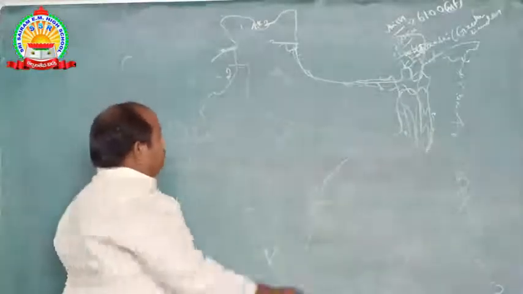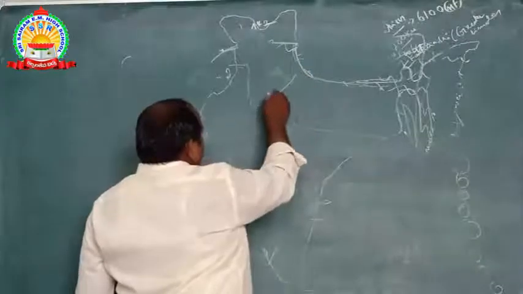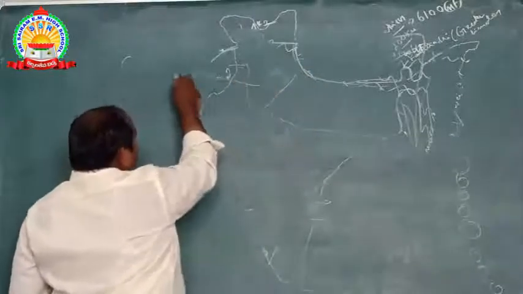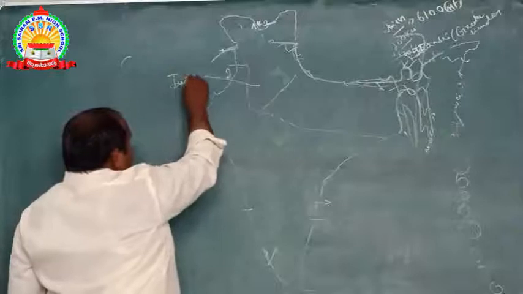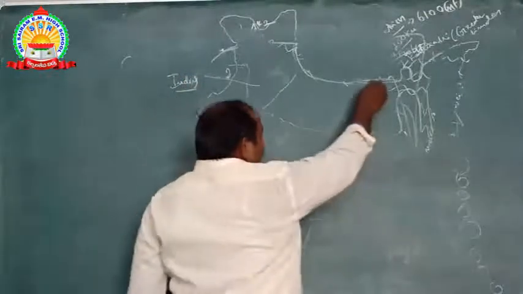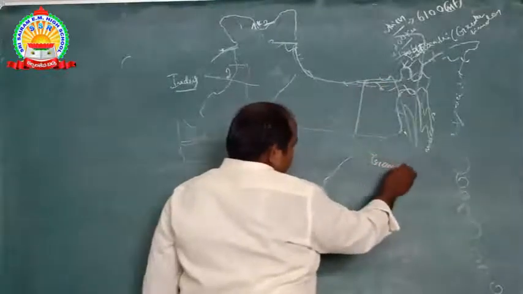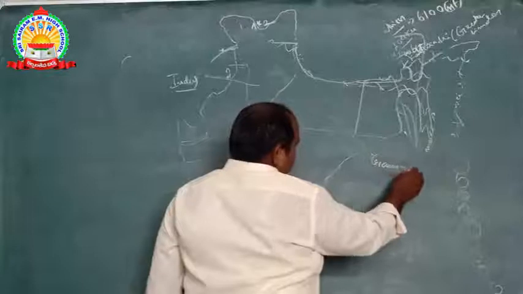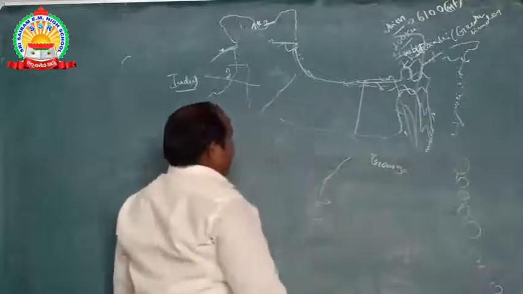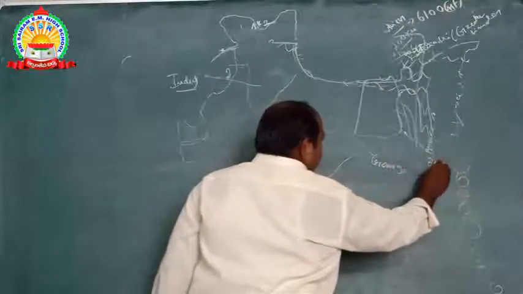The western part is formed by the Indus River, the central part is formed by the Ganga River, and the eastern part is formed by the Brahmaputra River.